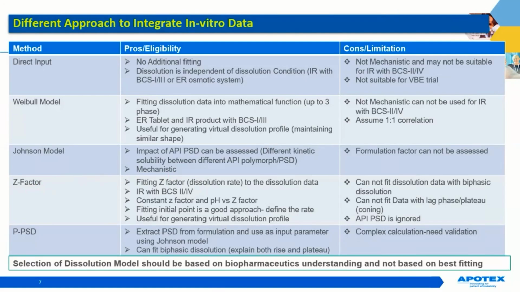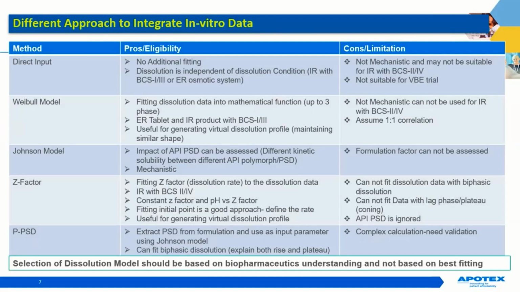This is one of the widely used methods where we can integrate the dissolution data mechanistically, but this method is not suitable to fit the dissolution data with biphasic release or a dissolution profile with a lag phase, especially for long disintegration, and to cover the plateau phase, which is due to cone formation. Hence, this method is useful for BCS 2 or BCS 4 immediate release products.